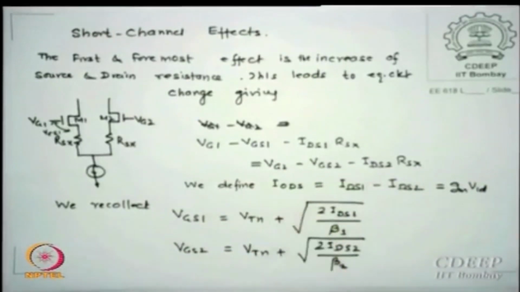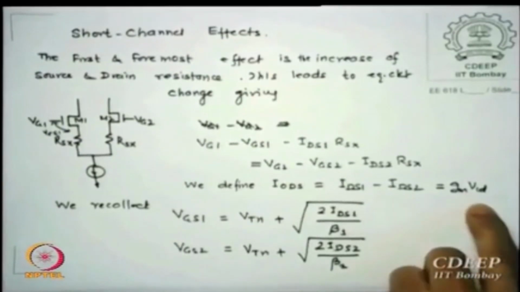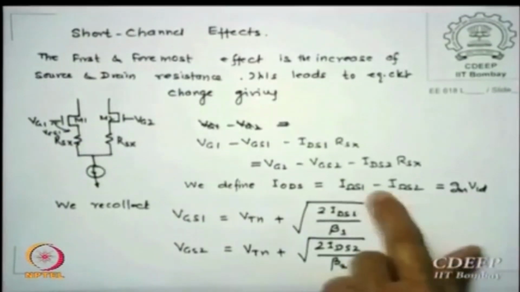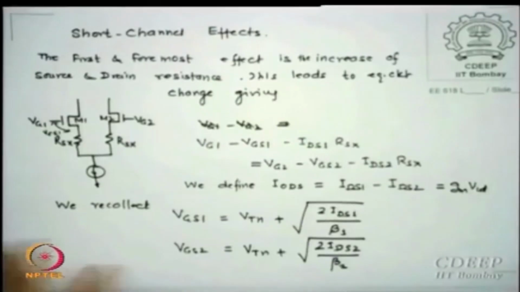Now we define IODS, the difference of output currents IDS1 minus IDS2, which we know is GM times VID, and we have already calculated this.